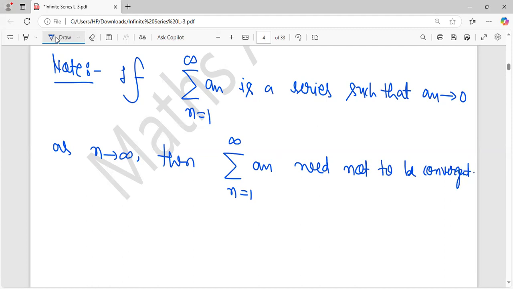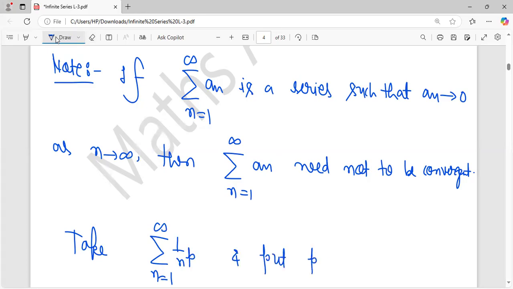You can see this example: take the series 1 upon n to the power p and put p equal to 1. Since p equal to 1 is less than or equal to 1, it means p is equal to 1.